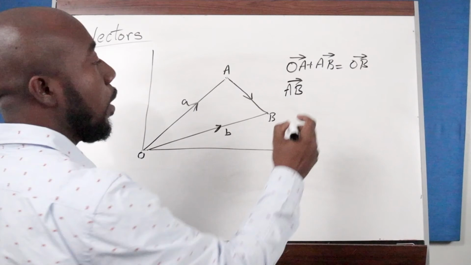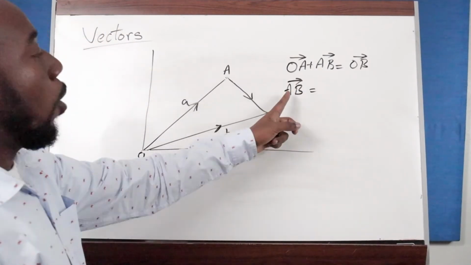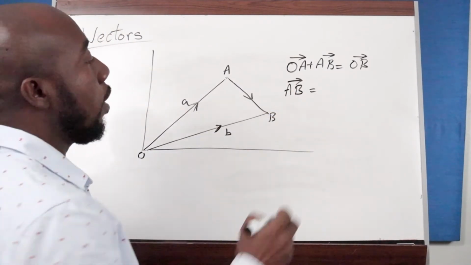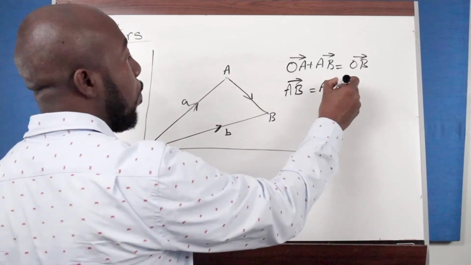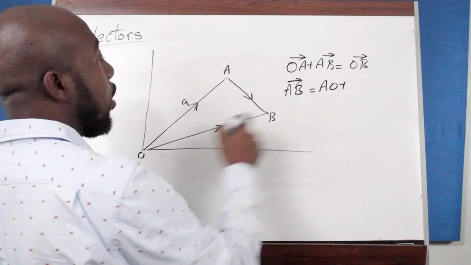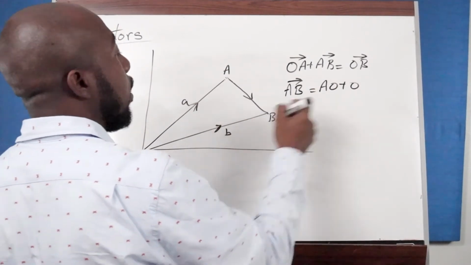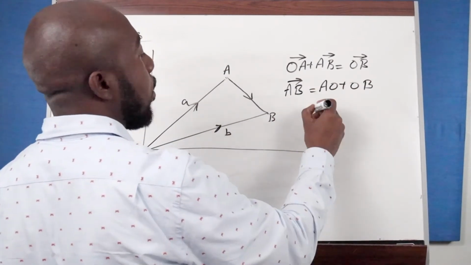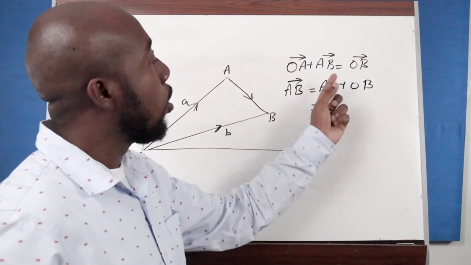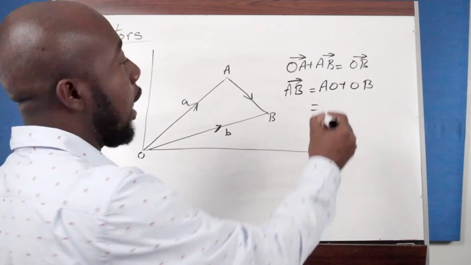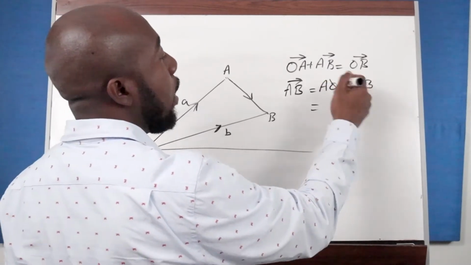If I want AB, I will start with A, and then I'm going to the origin O, plus, then from the origin back to B. What you realize is the two in the middle must be the same. So the origin O in the middle cancels out, and you'll see it's actually AB.